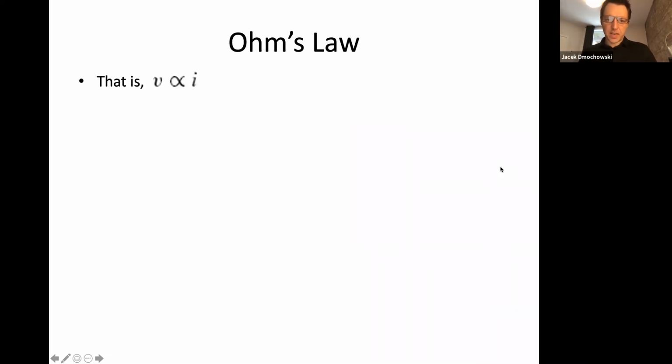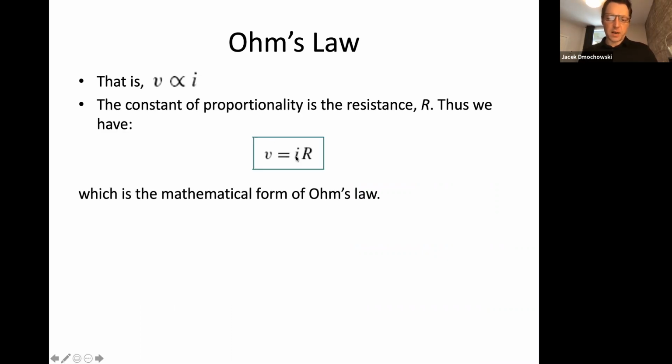So the voltage drop is equal to the current times the resistance of the element. If you measure the voltage and the current, and you divide voltage by current, you have identified the resistance of that resistor.